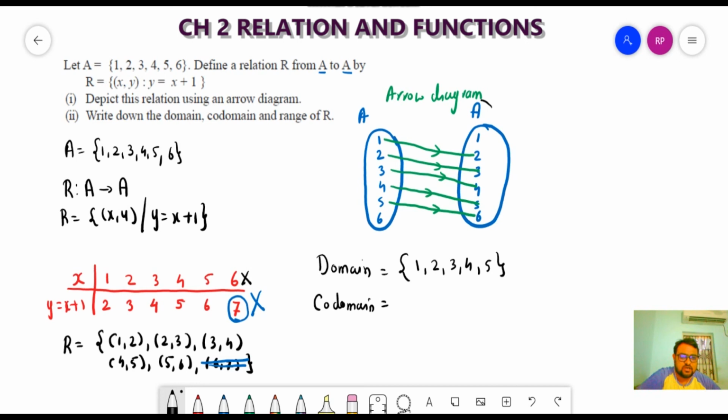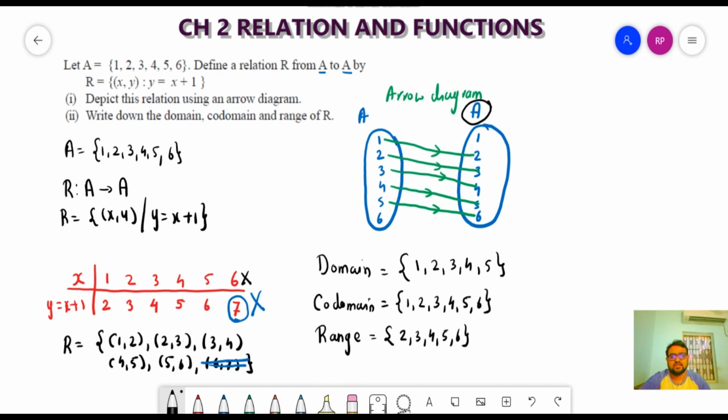Codomain is this complete set, so it will be 1, 2, 3, 4, 5 and 6, right? And the range, which values did I get? 2, 3, 4, 5 and 6. This is the range. Okay, so note down this extra question.